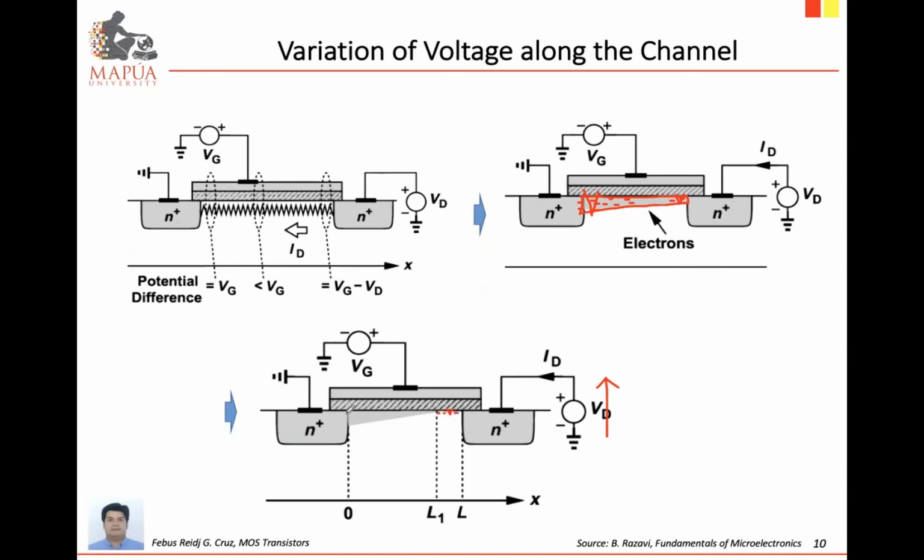It simply emphasizes that the channel near the drain would be very, very thin, but it will still allow the flow of the drain current. All right, is that clear? Yes, po.